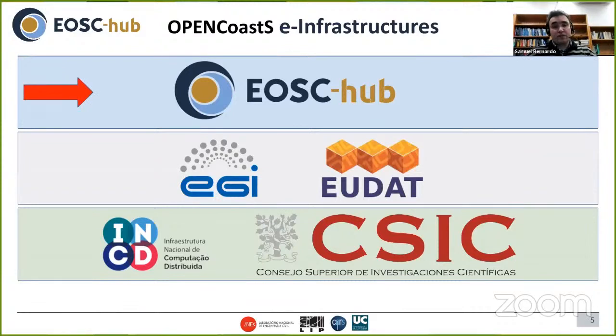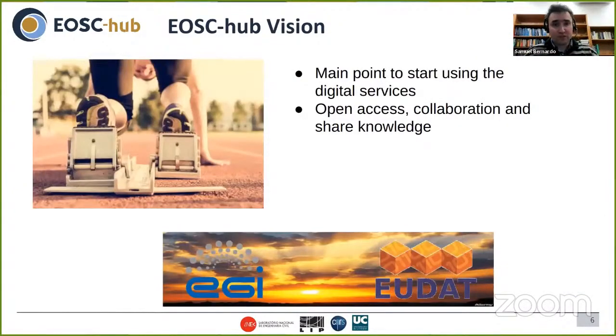So let's look in more detail at the front end of EOSC. The main point here is to understand the vision of this project. It is the main point to start using digital services in Europe. It provides a better way to access, collaborate and share knowledge.